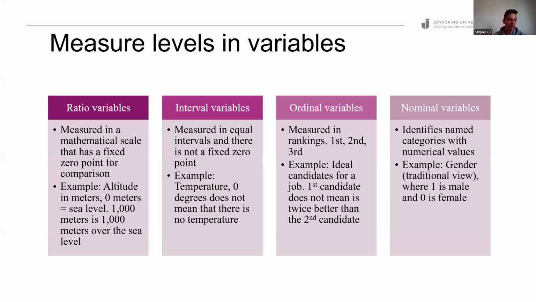The difference between ratio and interval is that in ratio variables, the zero actually means a lack of something. For example, if you have 0 years, it means there are no years. If you have 0 meters, that means there is no length. If you have -1, it means you have less than 0. But in interval variables, that doesn't mean anything. A good example is temperature.